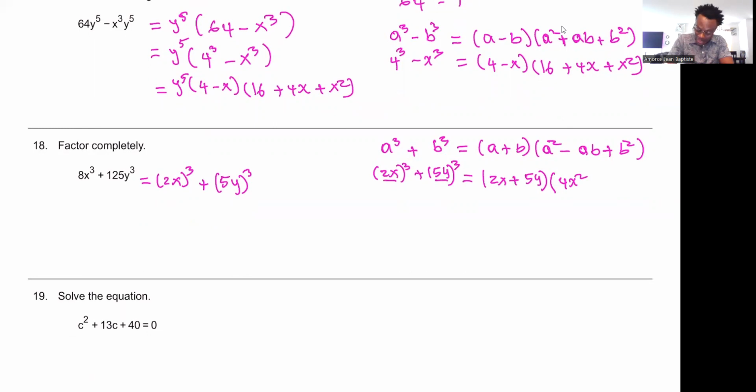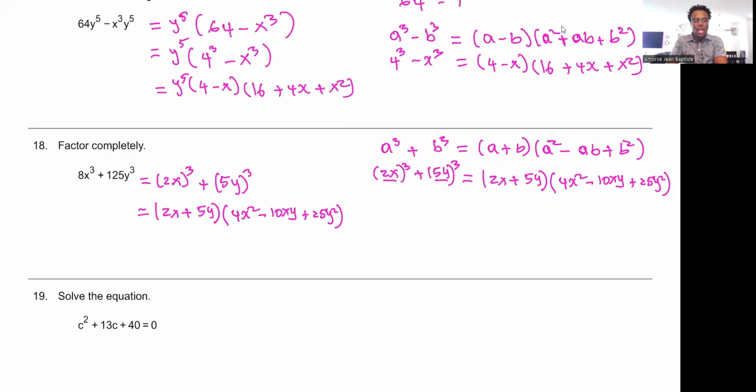So that's 10xy, but it's a minus sign, minus 10xy. And then the square of the second base, which is plus 25y squared. So that is the factored form of the expression that we have here when we apply the sum of cubes.